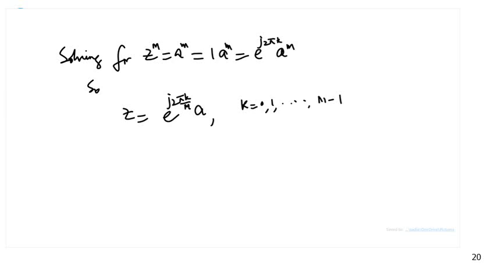And then when I try to compute z, which means that I'm taking the 1 over M power of the whole expression, then it will come out to be z equal to e^(j2πk/M) times a, where k is going from 0 to M minus 1.